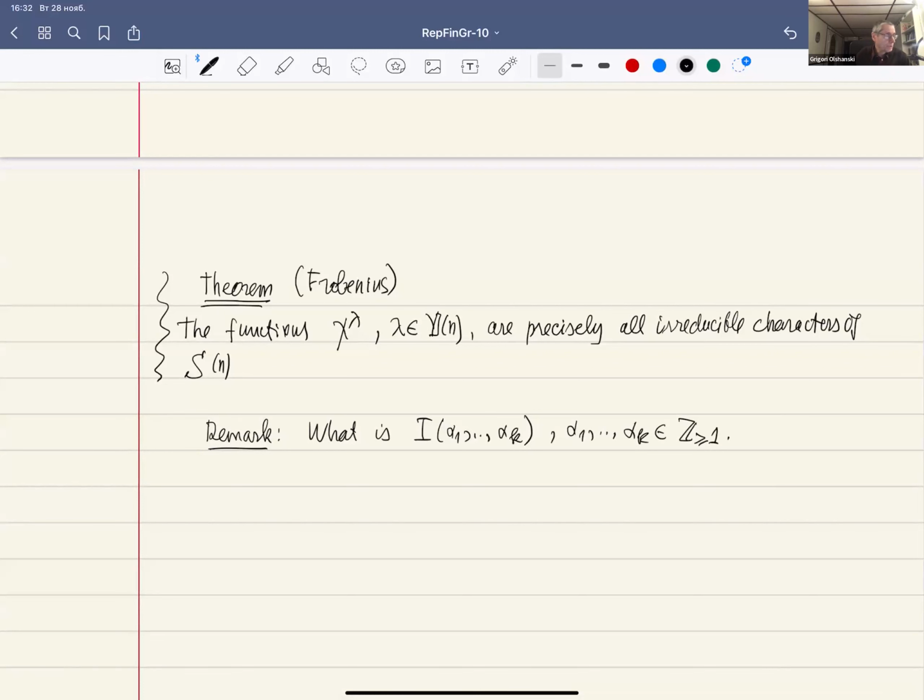And how to compute it? It's not very easy. The idea is the same. So assume s is a permutation, and the value of this character at this given permutation is computed as follows.